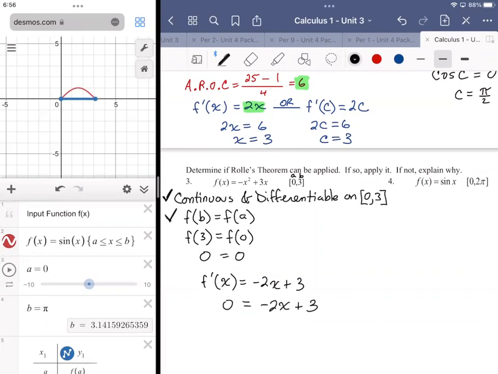So that checks all the boxes. Differentiable would be a continuous function, which we now know this is, that also doesn't come to a sharp corner anywhere or a cusp. Never comes to a point. Same deal. Parabolas never come to an actual point, a sharp point.